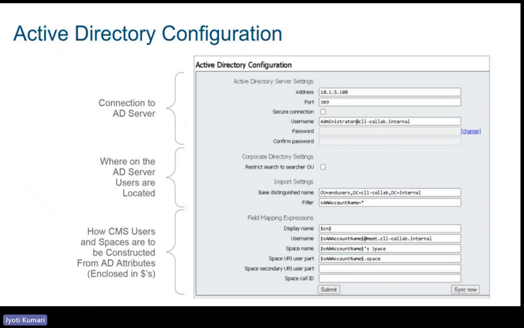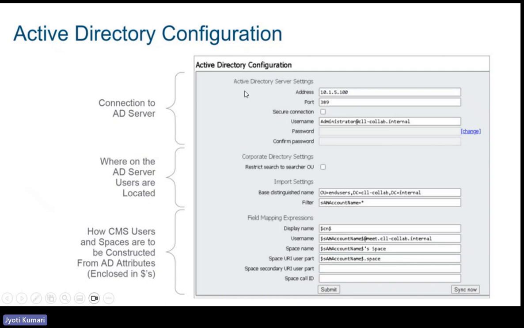Then Active Directory configuration. As we mentioned, the users need to be imported from Active Directory through the LDAP service, so we have to do Active Directory configuration in the CMS. In the configuration page, you can select Active Directory, and these are the settings you can find. You can configure the connection to the AD server, where on the AD server users are located, and how CMS users and spaces are to be constructed from the AD attributes.